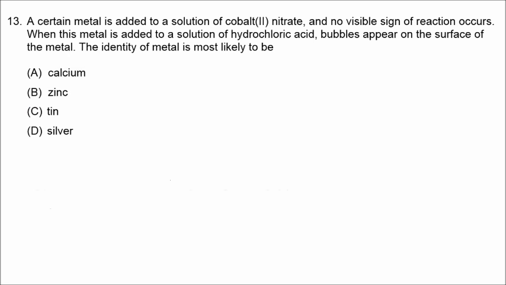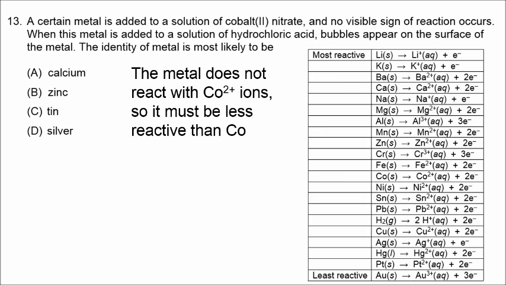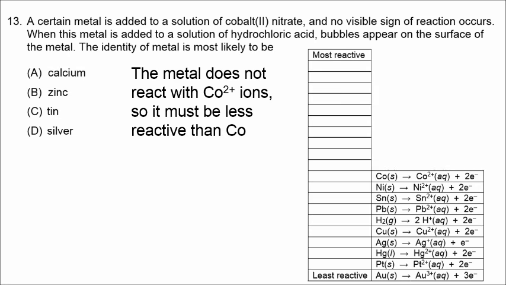And now the last multiple choice question. Let's look at our activity series. If a metal does not react with cobalt ions, that must mean it is less reactive than cobalt. So it must be below cobalt on the activity series.